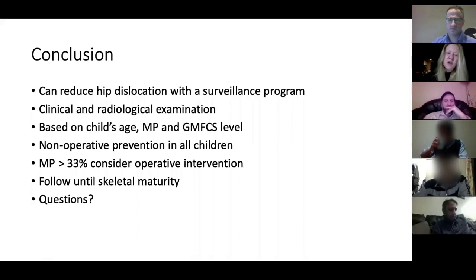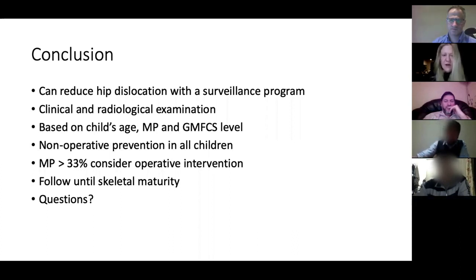If you can't, then you're looking at the salvage procedures, which, again, depending on the child's age and their GMFCS, possibly not suitable for a total hip, but it would depend on the child and the circumstances. But you could consider the Castle procedure or an arthrodesis. And for the GMFCS 4 to 5, you can consider excisional arthroplasty.